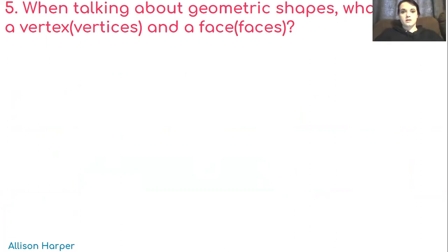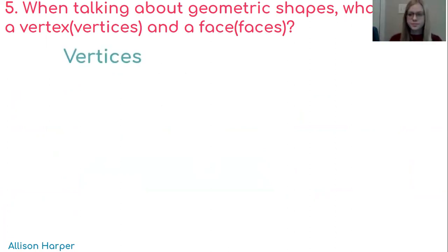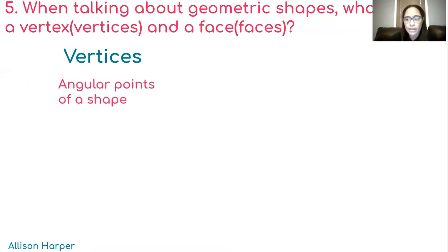Allison, when talking about geometric shapes, what is a vertex and a face? Okay, so I just wanted to go over some vocabulary words before we get into our next question. So a vertex, or vertices, are the angular points of the shape.